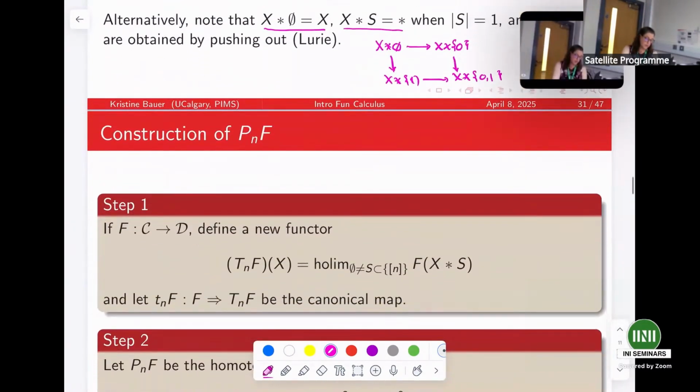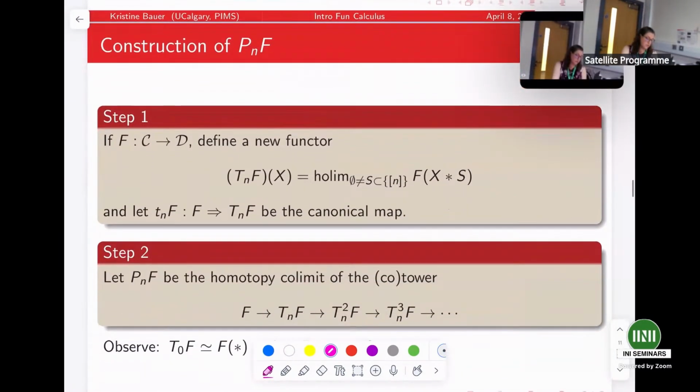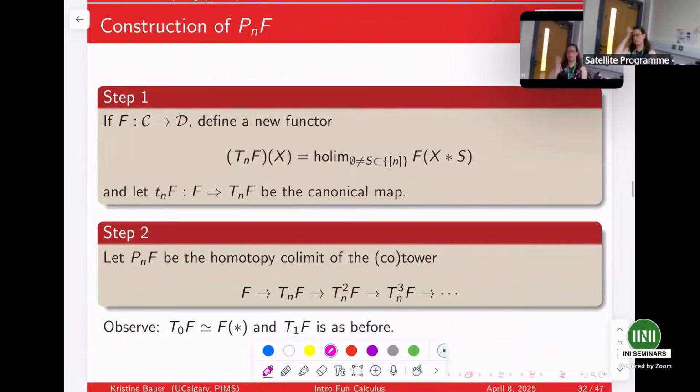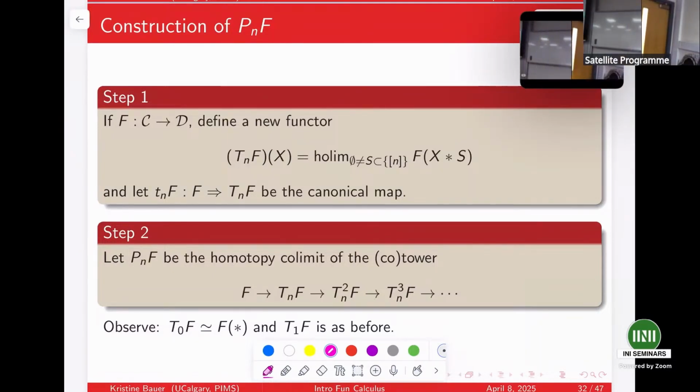And so now I just imitate the construction that I did yesterday. So this thing is really shorthand. This looks really small and compact, but that's really an n-dimensional cube.